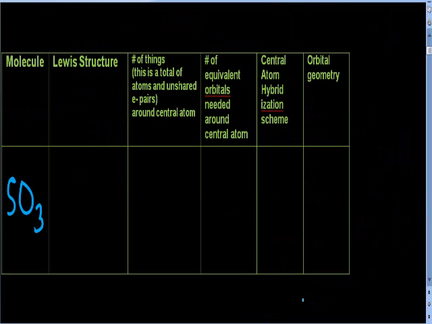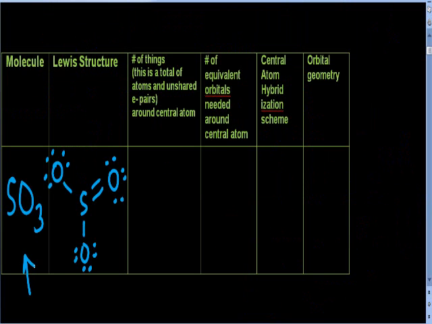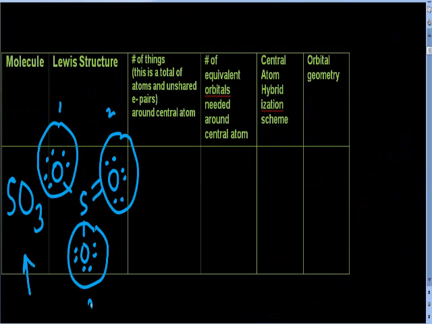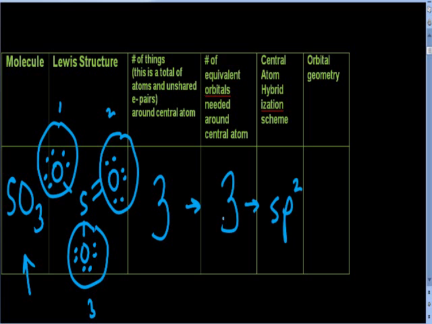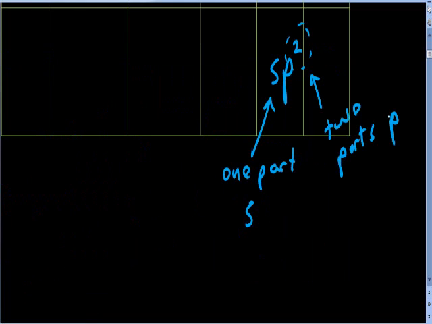Let's do another example, the molecule SO3. The Lewis structure for SO3, we have 1 oxygen atom, another oxygen atom for 2 things, and a third oxygen atom, which gives us 3 things around the central atom in SO3. 3 things around the central atom means we're going to need 3 equivalent orbitals around the central atom. 3 equivalent orbitals are provided by the hybrid orbital scheme sp2, sp2 being 1 part s, 2 parts p.